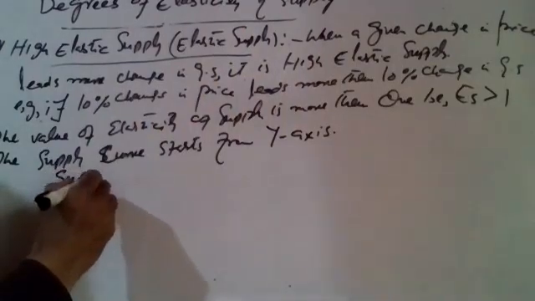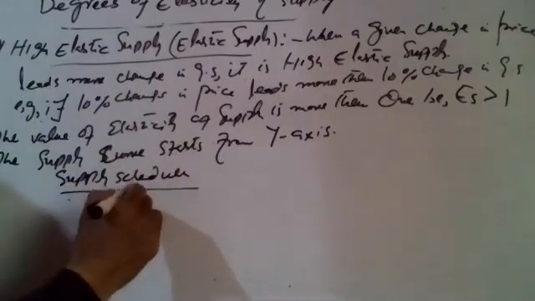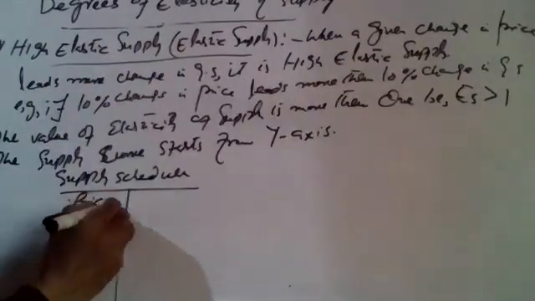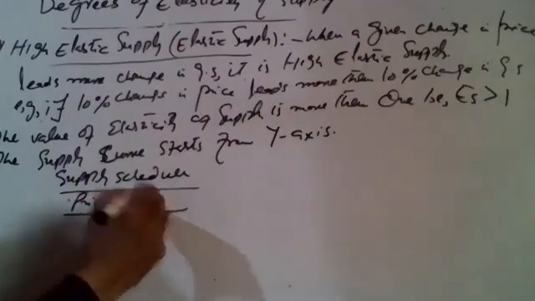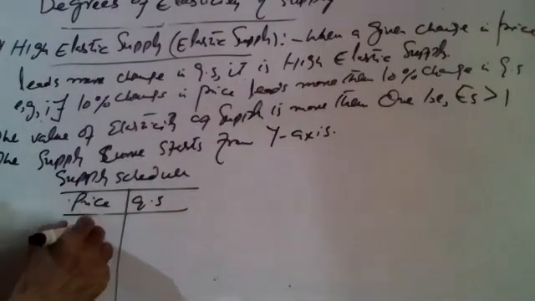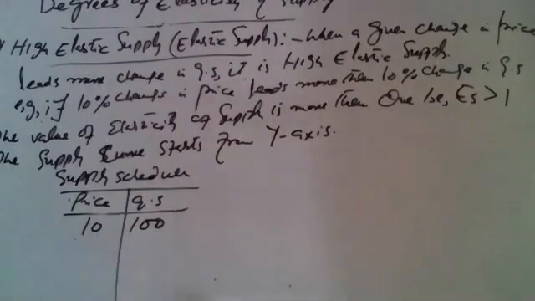In the supply schedule, there is more response of supply and less change in price. For a small change in price, there is a bigger change in supply. For example, price is 10 and quantity supplied is 100.